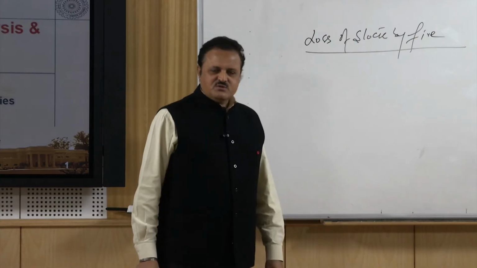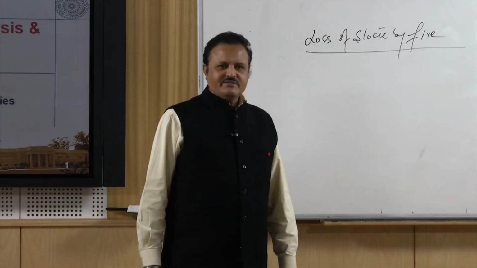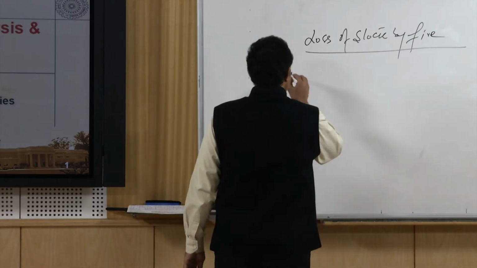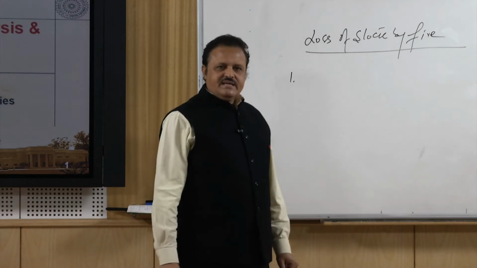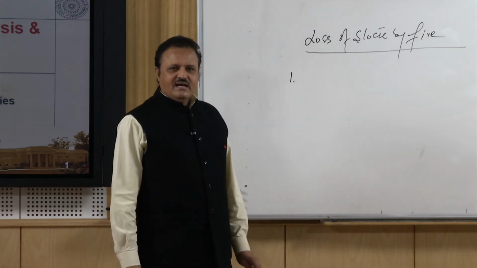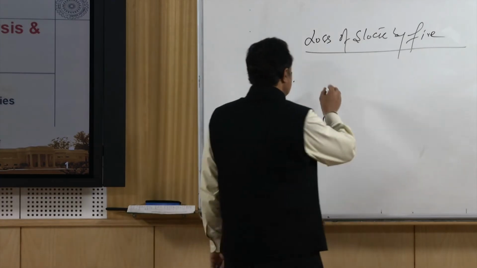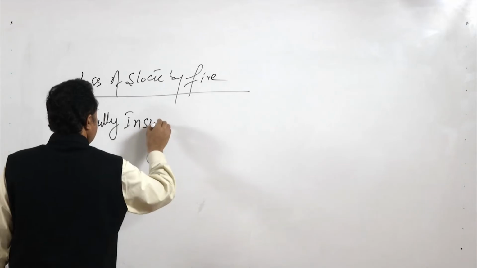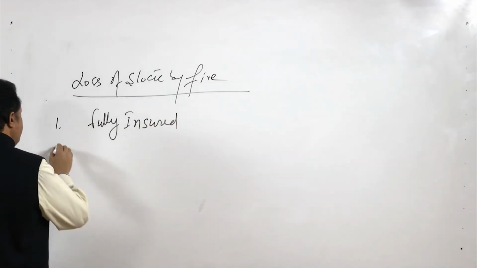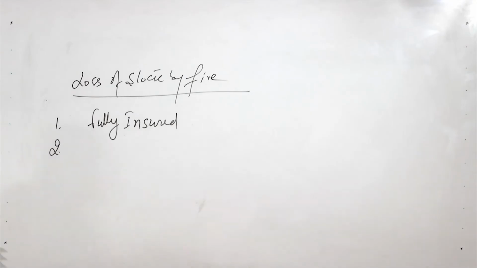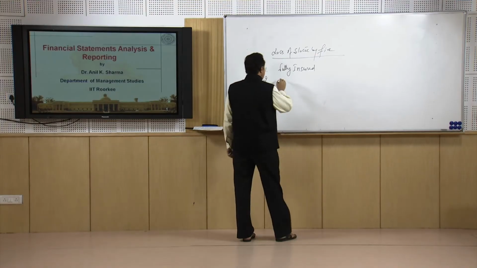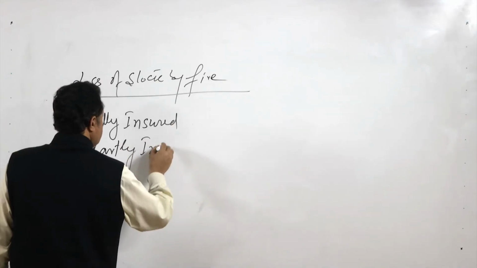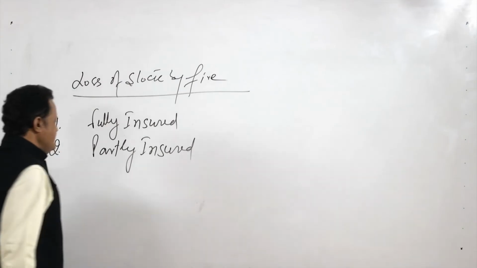Loss of stock by fire can be treated in 3 important ways. 3 ways means there can be 3 different situations. First situation is, there is a loss of stock by fire, but the stock was fully insured. Second situation can be that the stock is partly insured.